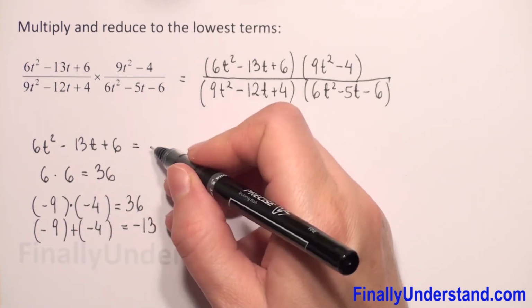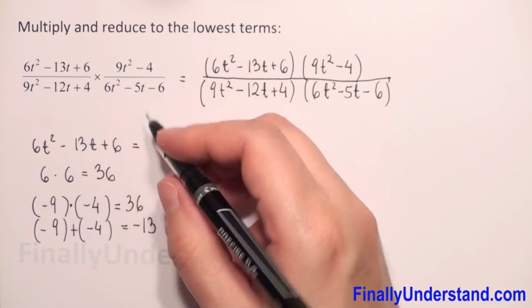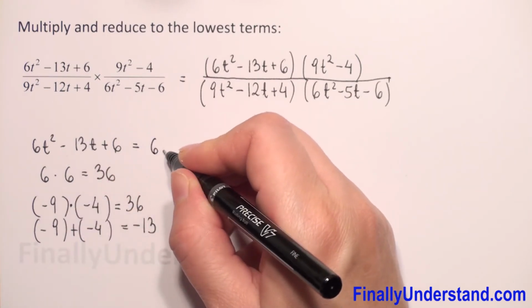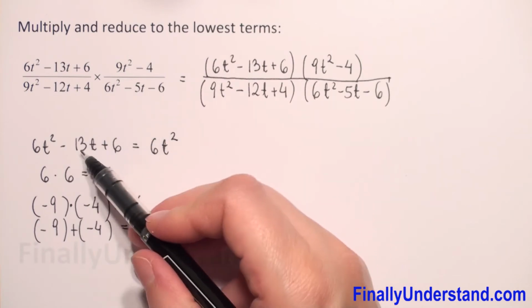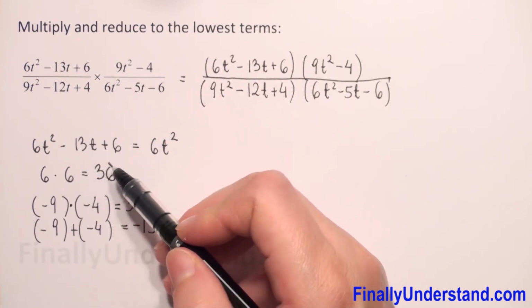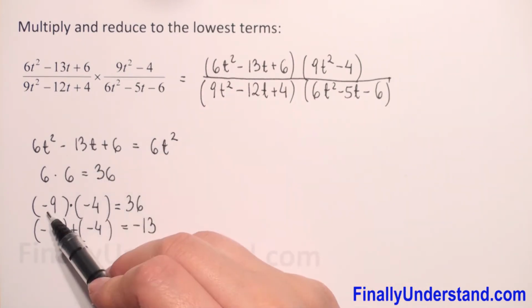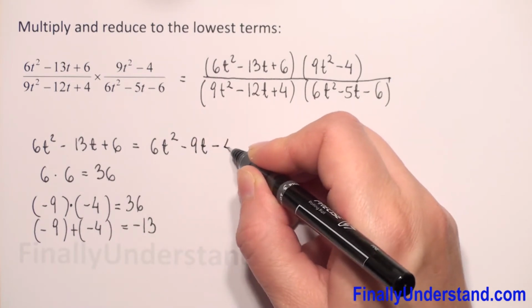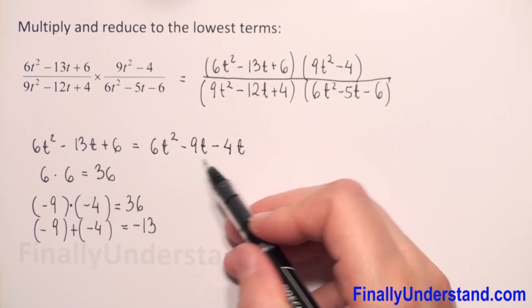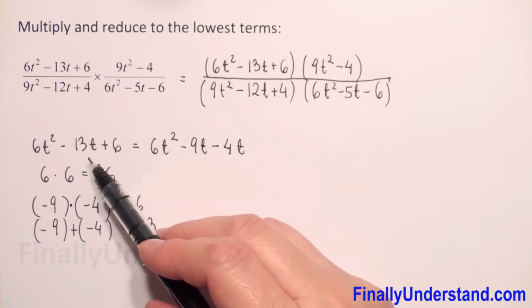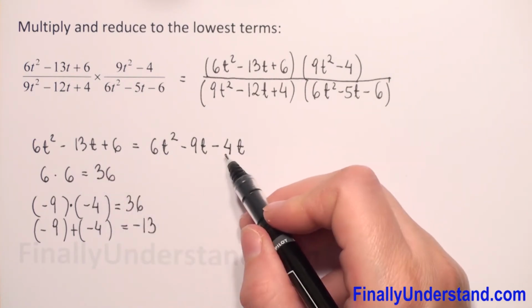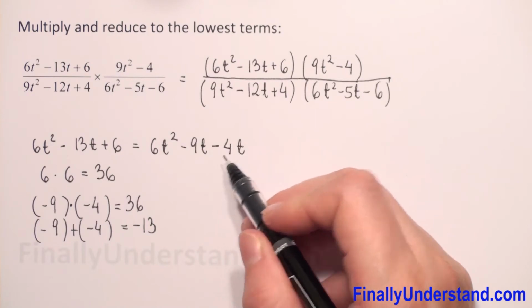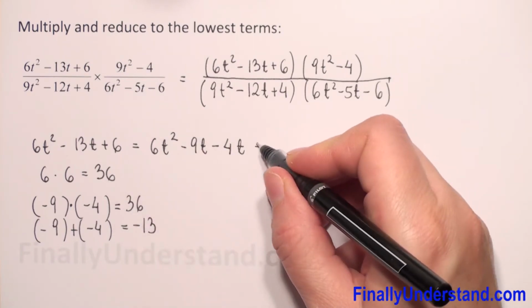This is equal to, first we copy the expression with t squared, and now negative 13t we will rewrite as negative 9t minus 4t. Still we have negative 13. And we have to add the constant.